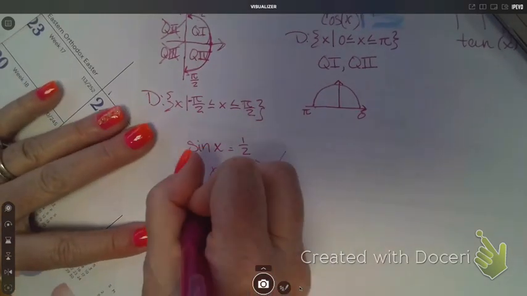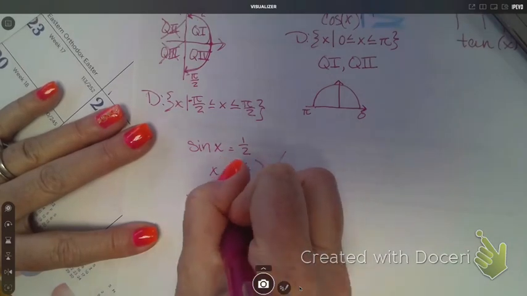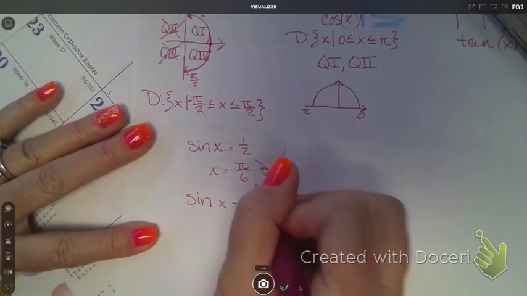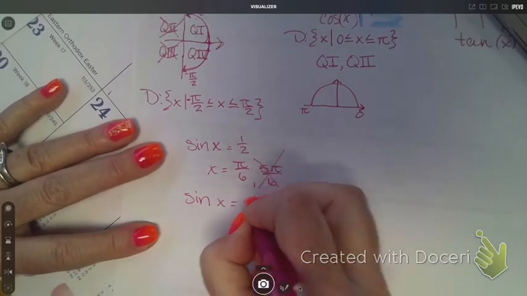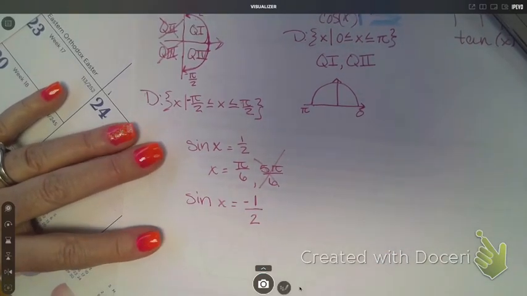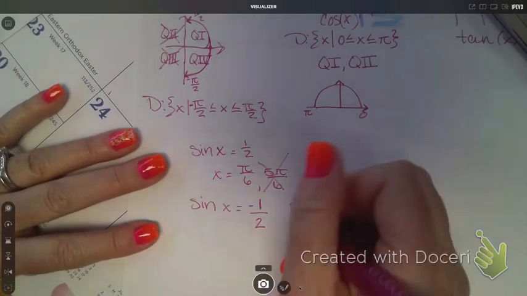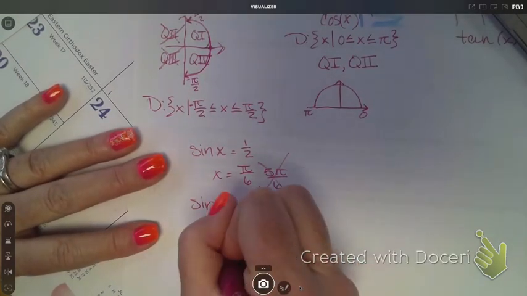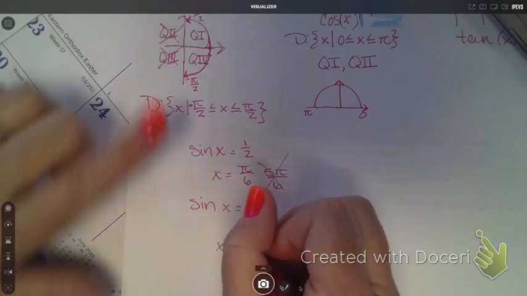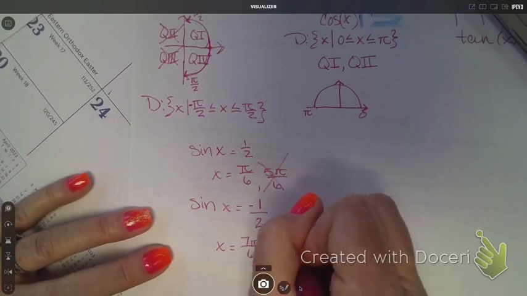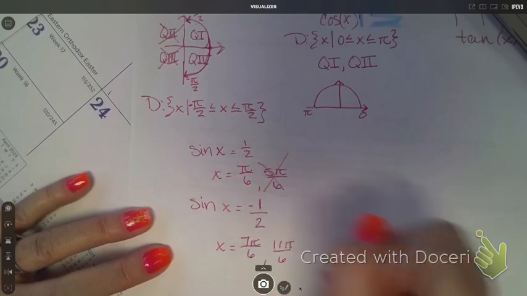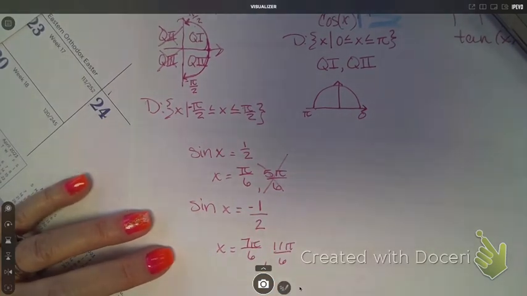If I want the sine of x equals negative 1/2, we used to say x was 7 pi over 6 and 11 pi over 6. Neither one of those exists anymore.